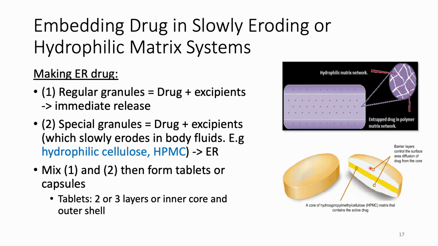And among this white layer here, it can be some kind of immediate release drug mixed together. So the whole tablet here contains some drug and excipient for immediate release and some drug in the core for special control or extended release.